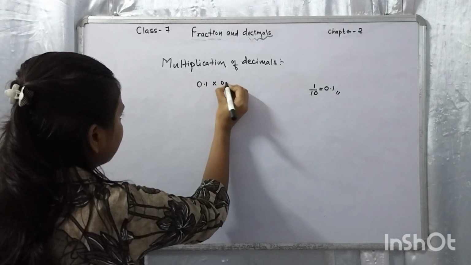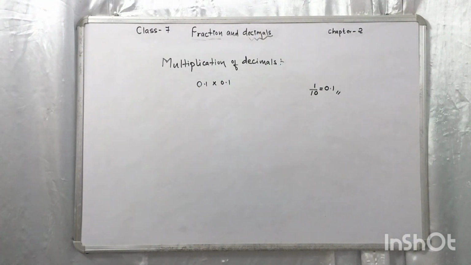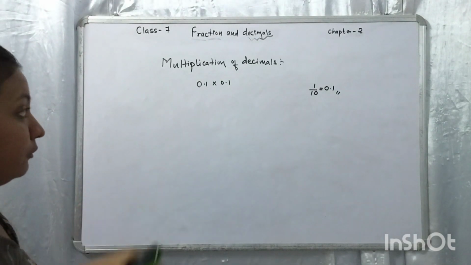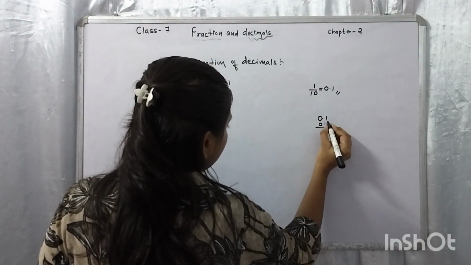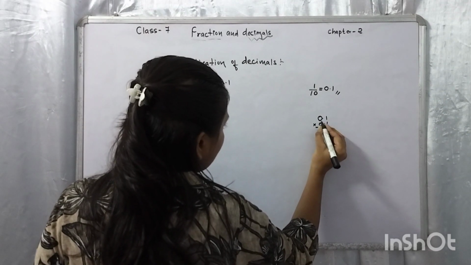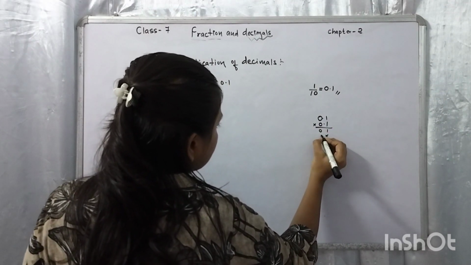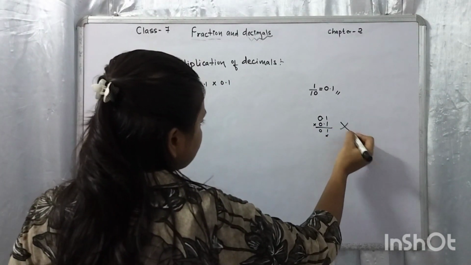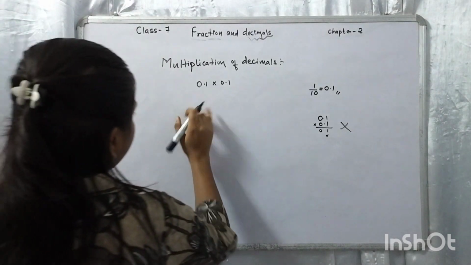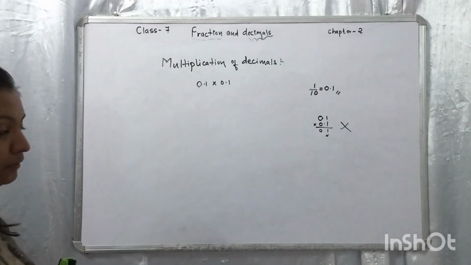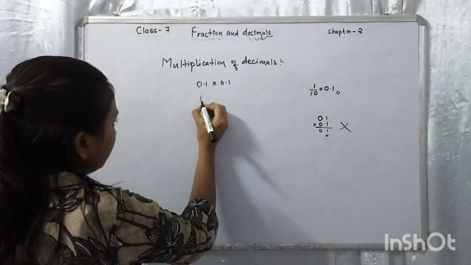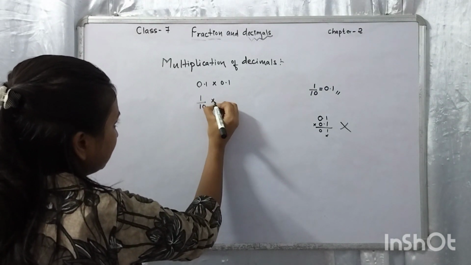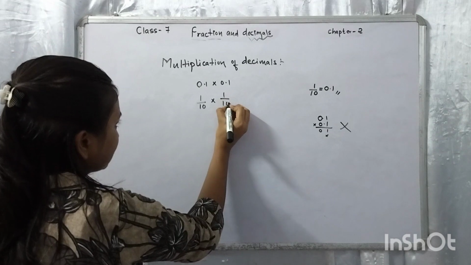Fine. So now we will multiply 2 decimals. But here we won't multiply it like we do it here. So 1 ones are 1, 1 zeros are 0. So we won't do it in this way. We will follow fraction terms and we will multiply, which will simplify your work. So 0.1 can be written as 1 by 10. Fine.